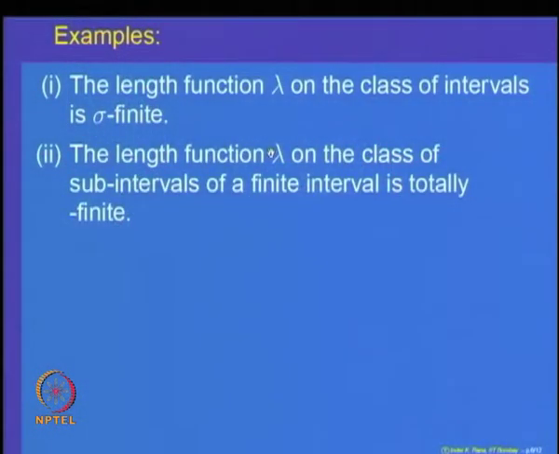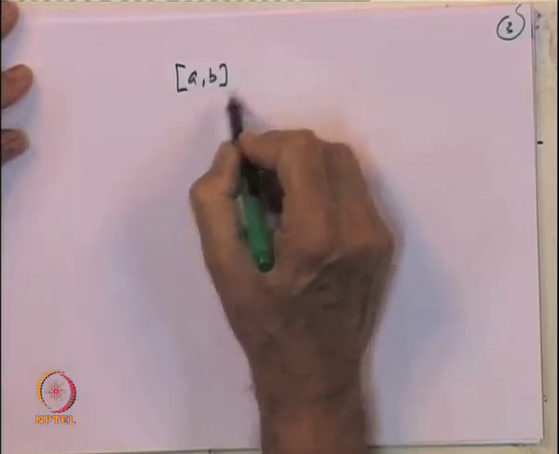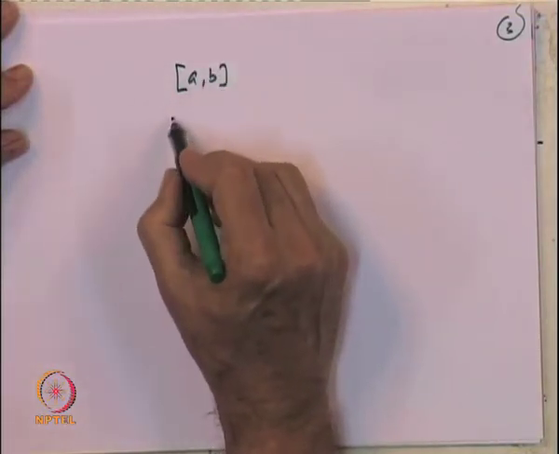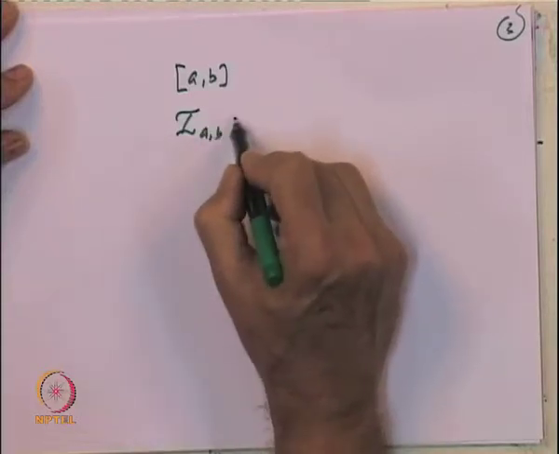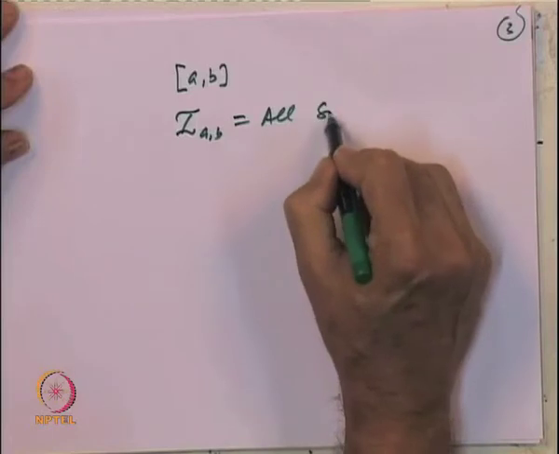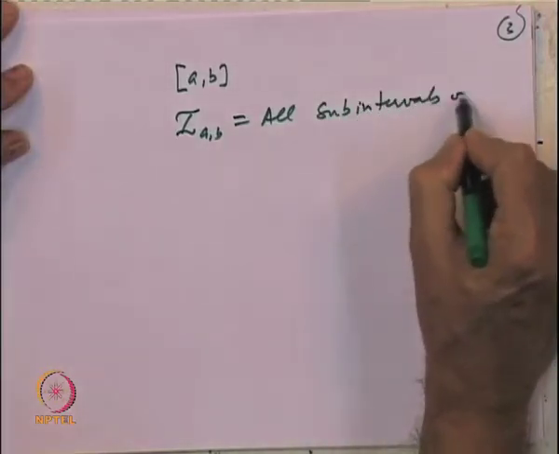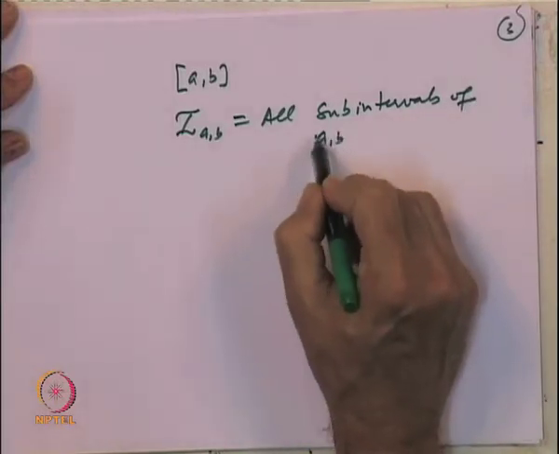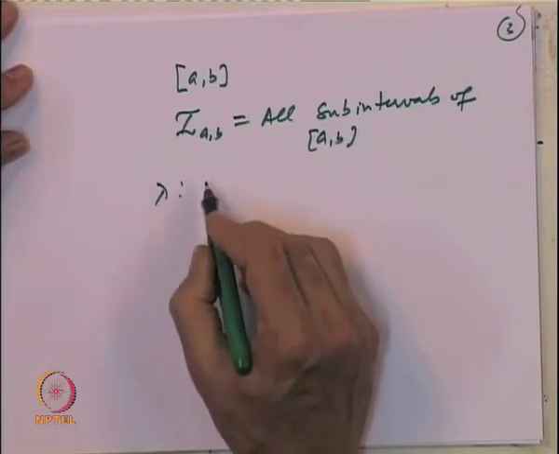So, for that let us look at the length function restricted to any finite interval. Let us look at, say for example, the interval a to b, and let us look at all subintervals. Let us look at I tilde a b to be all subintervals of a b, and define, of course, the length function as before.